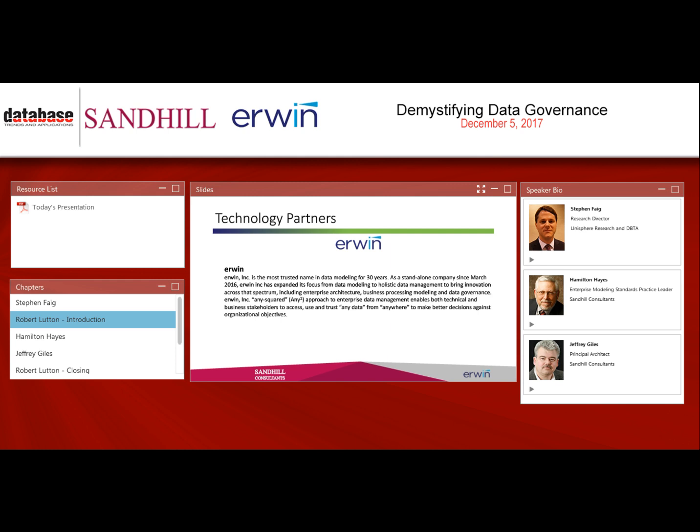It's the data governance section that we'll be talking about today with our relationship with Erwin. Erwin has an any-squared approach to delivering enterprise data management that enables both technical and business stakeholders to access, use, and trust any data from anywhere across the organization.